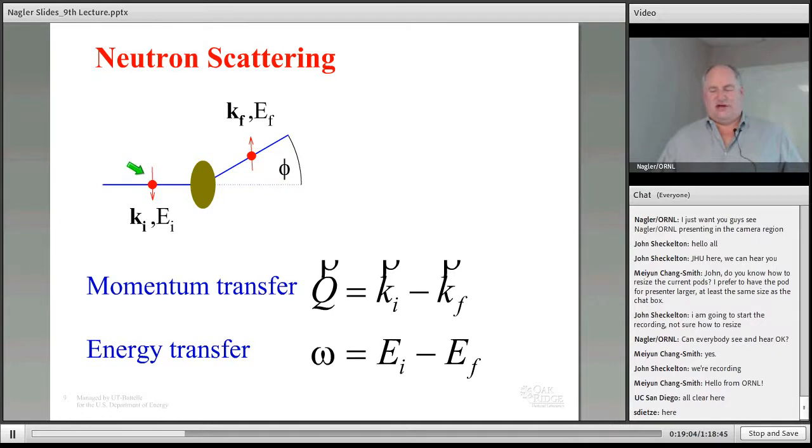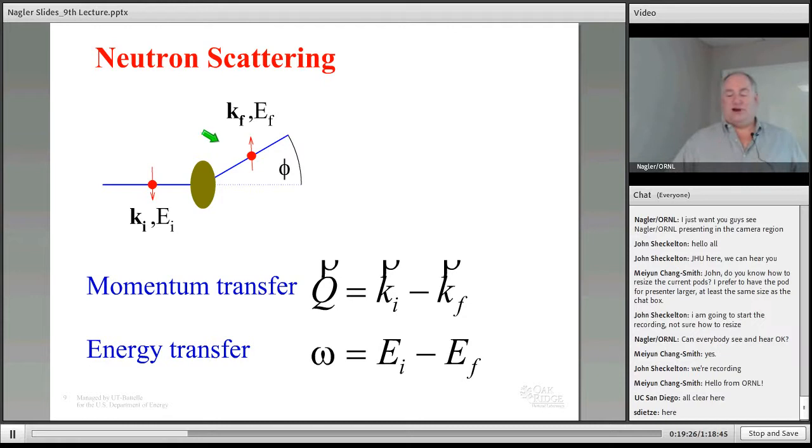Possibly we prepare it in a known spin state, or maybe not. We scatter it off the material we wish to learn about, and we look at a beam that has a known final momentum, a known final energy, and perhaps a known final spin state.